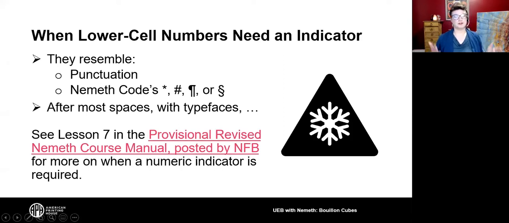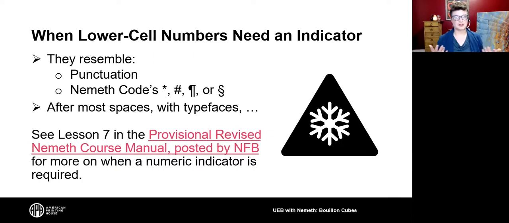I mentioned earlier that lower cell numbers in the Nemeth Code, which is all numbers outside of notations that aren't decimal, that aren't base 10, but you'll know when you're dealing with that if we're talking about hexadecimal notation or something else. All numbers that are Arabic numerals need an indicator when they follow a space. They also need an indicator in situations where they could be misread as punctuation.